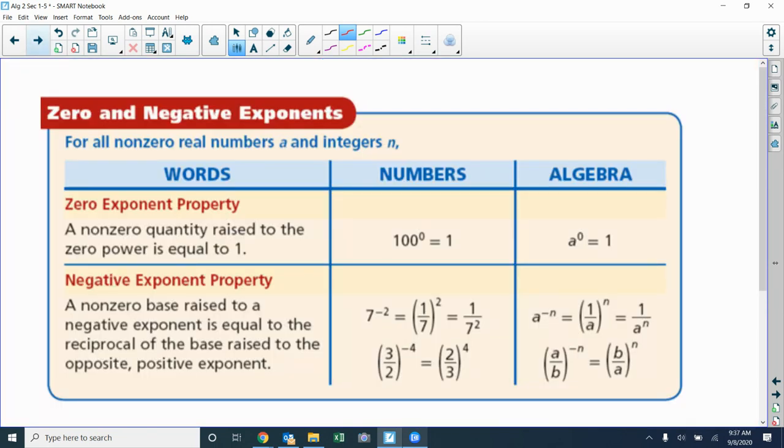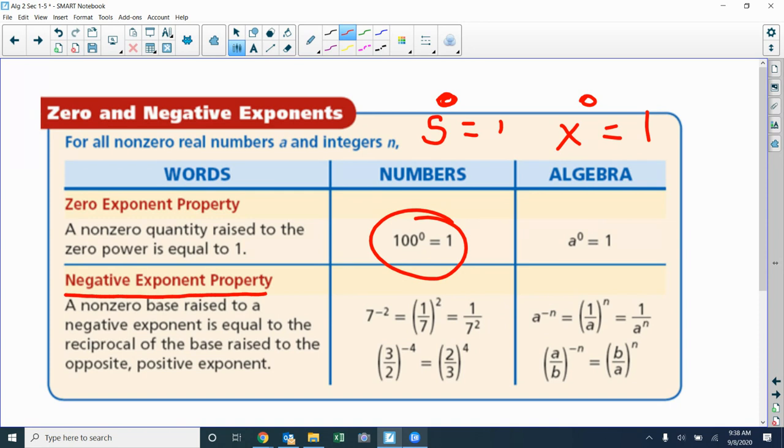We have a couple of properties, and some of them you might want to jot down, others you might not. It's okay. Anything raised to the 0 is 1. I could have 5 to the 0 power, it's still 1. Any x to the 0 is 1, so that is the 0 exponent. The negative one is a little bit more tricky.